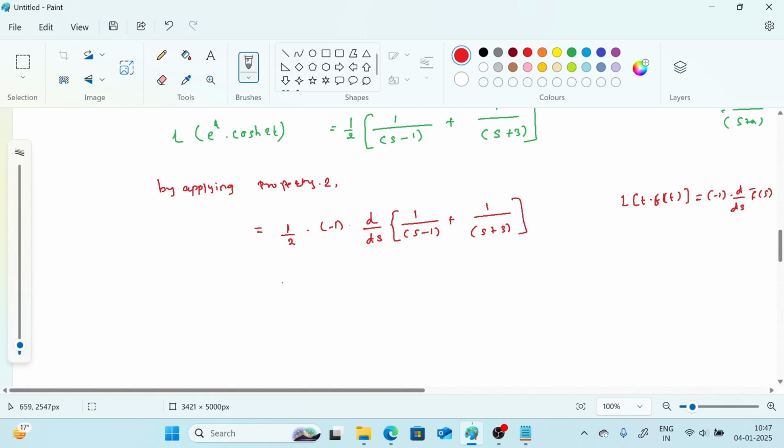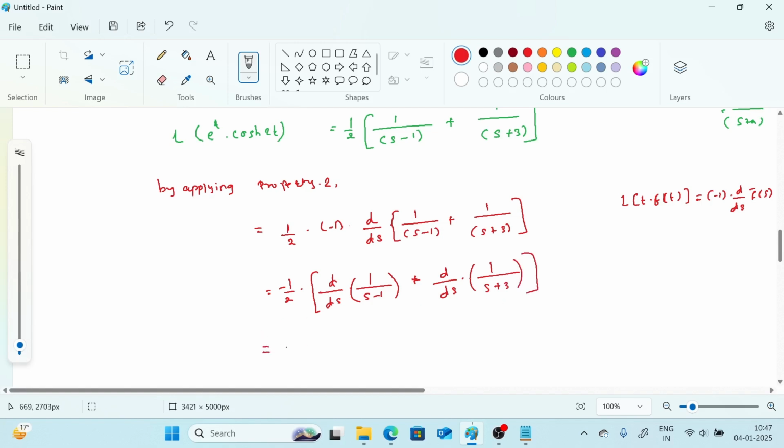We have to differentiate this. 1 by 2 into minus 1 will be minus 1 by 2, d by ds of 1 upon s minus 1 plus d by ds of 1 upon s plus 3, right?